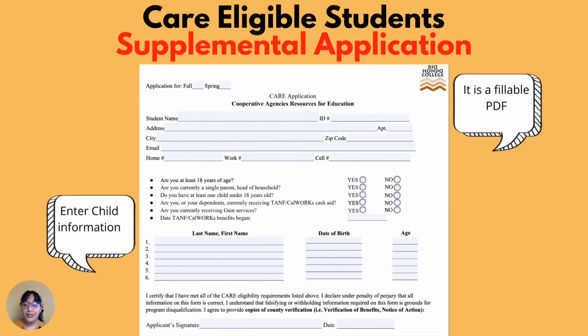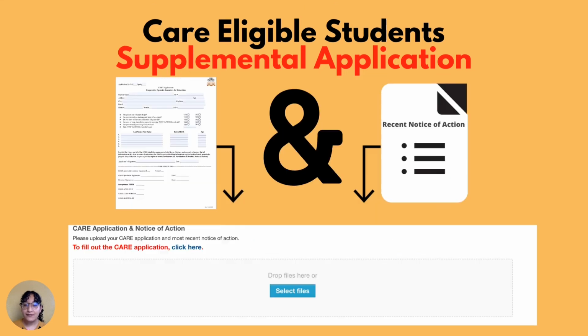You will then be redirected to a fillable PDF where you will enter your personal information and your child information as well. Then you will click on Select Files and attach your CARE application and a recent notice of action.